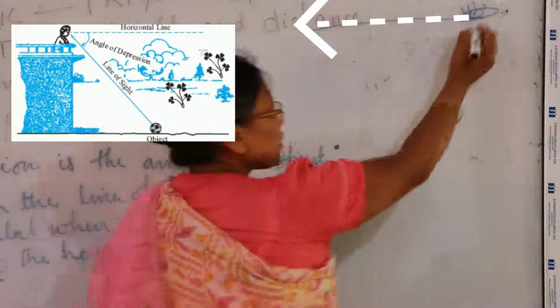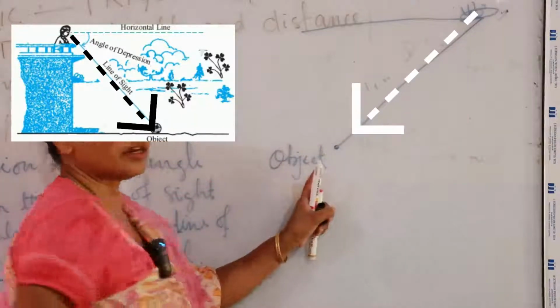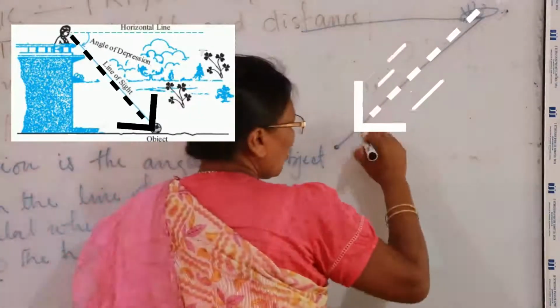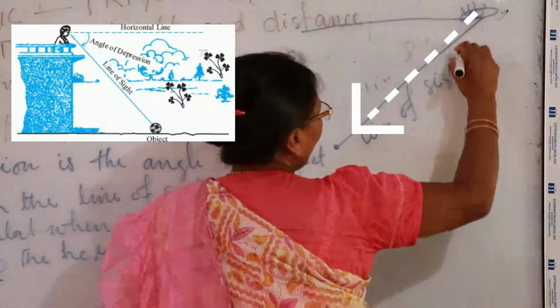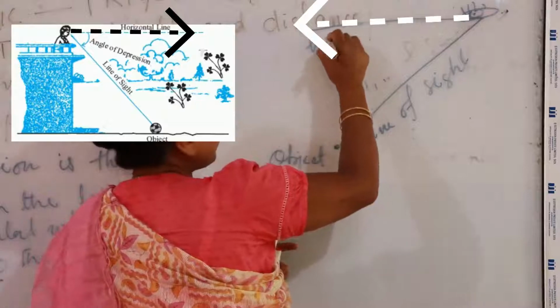When we look at this object, this one is called line of sight, and this line is called horizontal of eye.